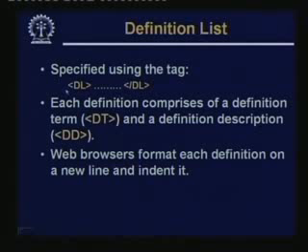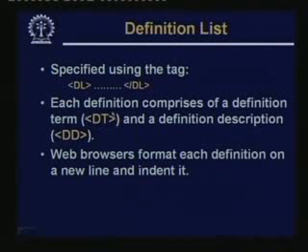Now, the things to note is that for a definition list, the tag name is DL, begin DL and end DL. And there is another difference in case of the unnumbered and the numbered lists, the list items were specified using the LI tag, but in case of a definition, within each list item there are two things to be specified, the definition term or the item you are defining and the definition description.